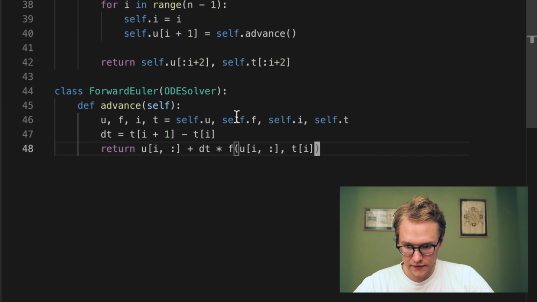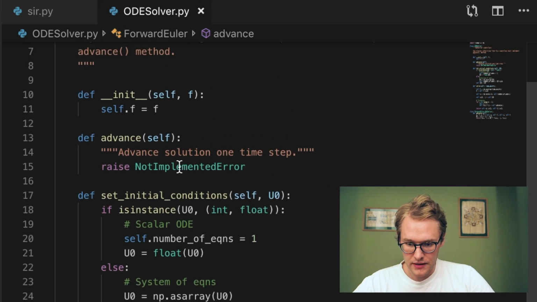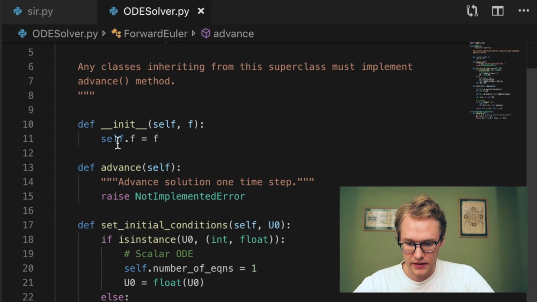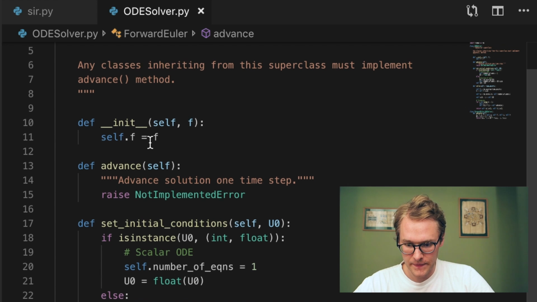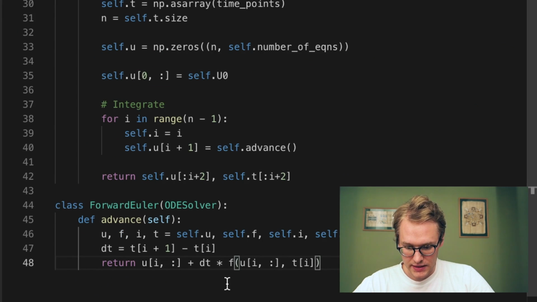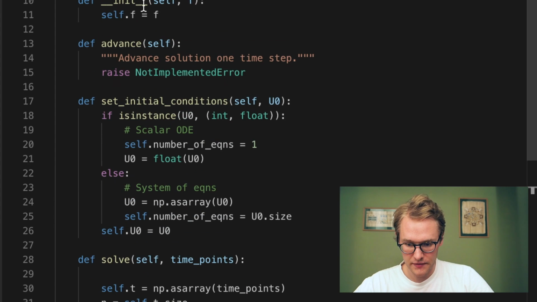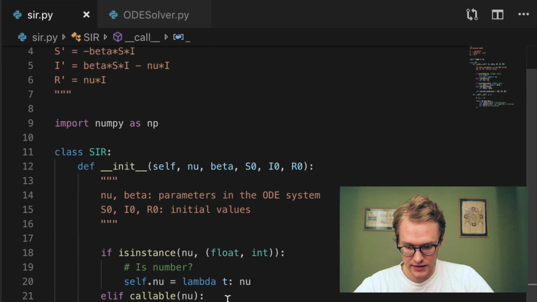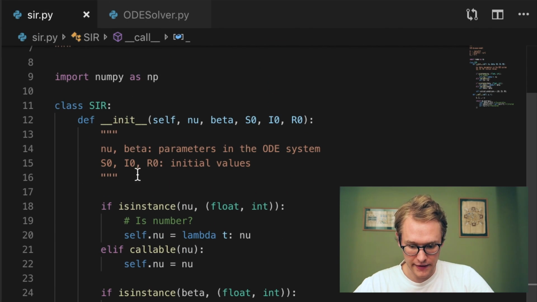So this f that we stored here in the constructor of the class is evaluated here. So here we have the current solution, and then we insert this and the time step we're currently at into the problem definition, which is stored here, and that's going to be this guy.